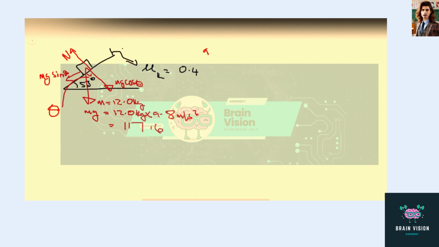So on this problem, part A, we want to find the work done by friction. Remember, in general, work is force times displacement.